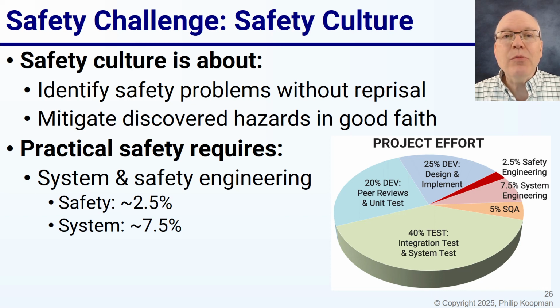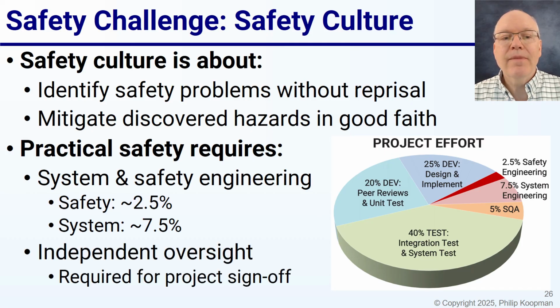And safety is about 2.5%, and system is 7.5%. So if you have a 100-person team, you want 2.5 people doing safety, and you want 7.5 people doing system engineering. These tasks are often understaffed, and if they're understaffed, you're going to have a safety problem that probably manifests as a safety culture issue.